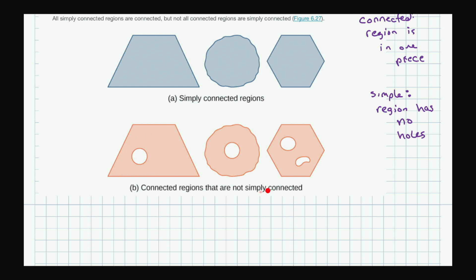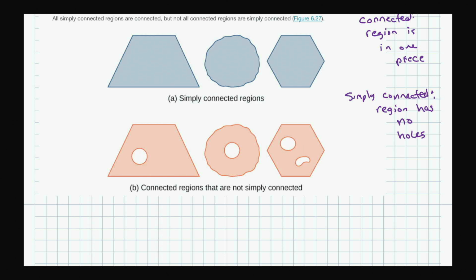But in this case, these are connected, but they're not simply connected. I should have said simply connected instead of just simple. So connected, but not simply connected because of the holes.